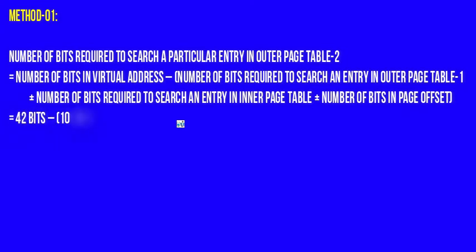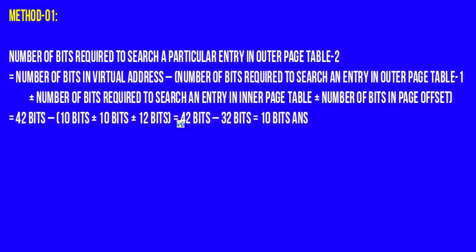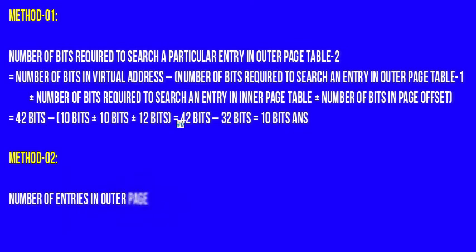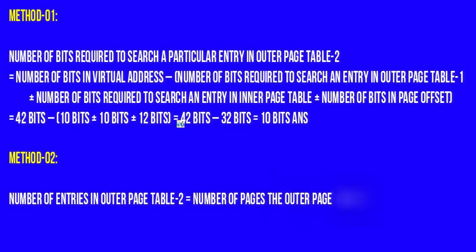The number of bits in the virtual address is 42. The bits to search an entry in outer page table 1 is 10, plus the bits for the inner page table is 10, plus the offset, already found to be 12 bits, equal to 42 minus 32, equal to 10 bits. Answer.